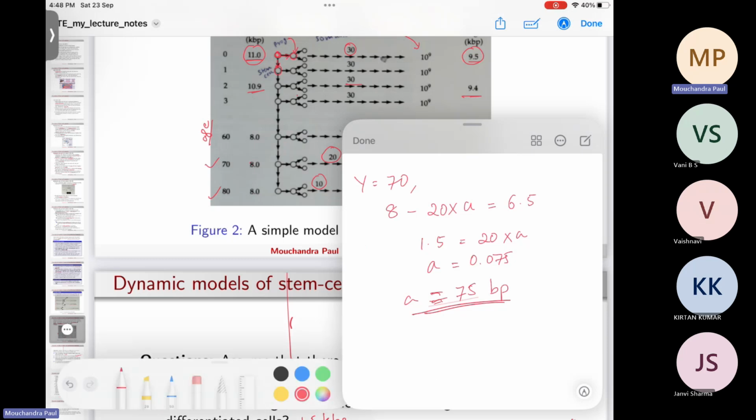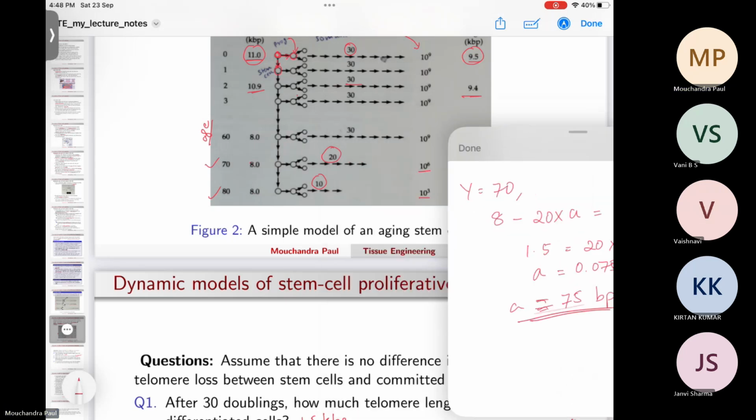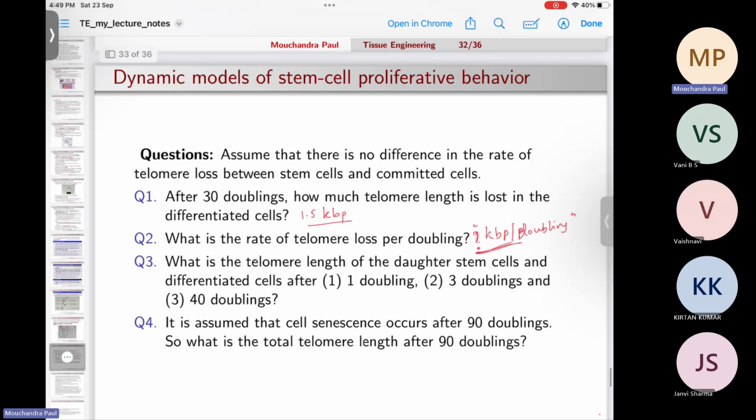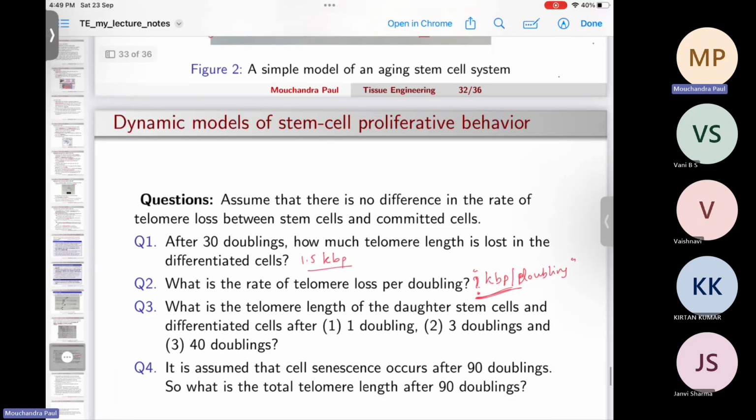Then the answer to this question, you can write that up to 30 cell doublings you are getting a rate of 50, whereas when the doublings change to 20 or 10 for year 70 and 80, the rate of loss of telomere is something else, like 75. So you can write your answer like this.